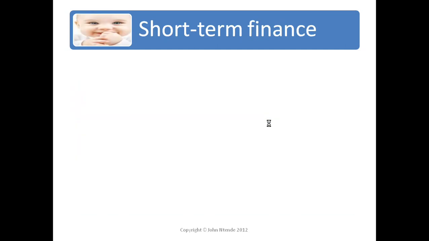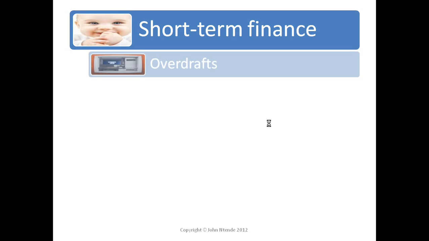So let's briefly look at short-term finance. There are various forms of short-term finance, and these include overdrafts. Now, an overdraft is a facility which allows the customer to withdraw below the minimum amount on a current account.